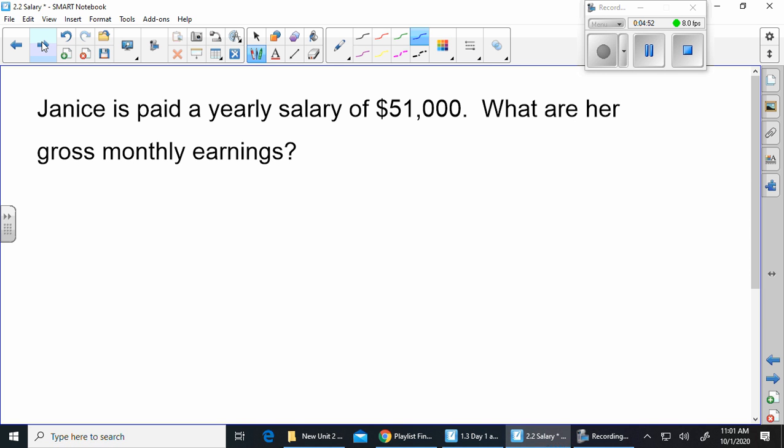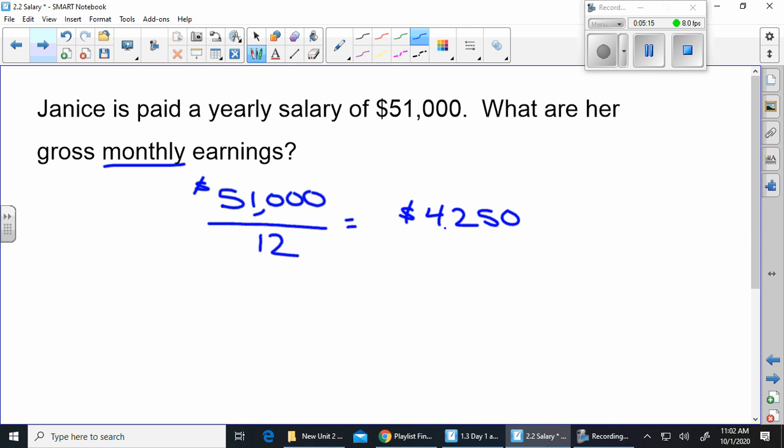So with this, since I'm going backwards, instead of multiplying, I'm going to divide. I'm going to take her salary and I'm going to divide how many times she's paid. Monthly is 12. So if I take 51,000 divided by 12, she gets $4,250 in gross pay per month.